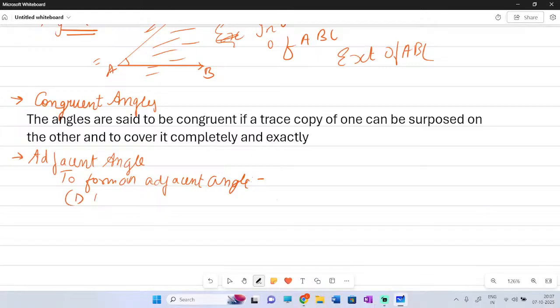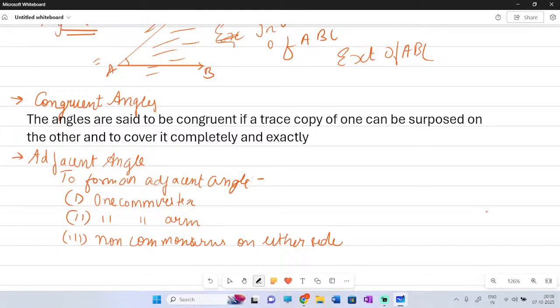You need one common vertex, one common arm, and non-common arms on either side of the common arm, CA. Same vertex, same common arm, and non-common arms on either side of the common arm. This is the adjacent angle.